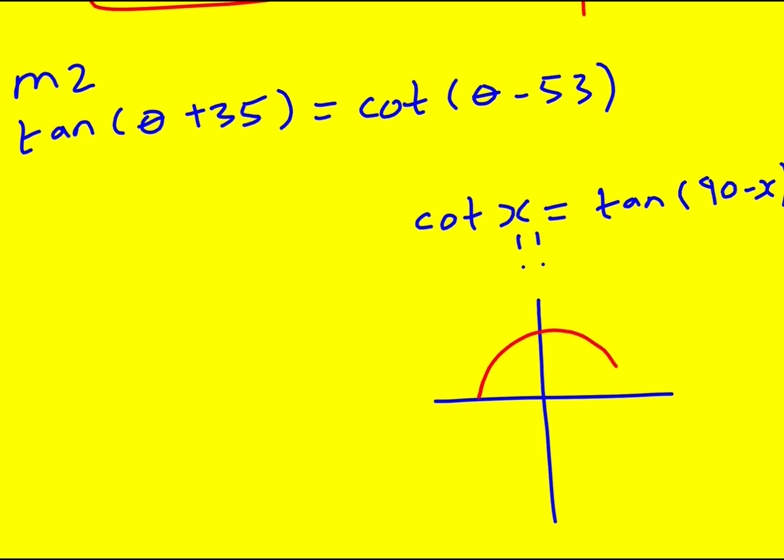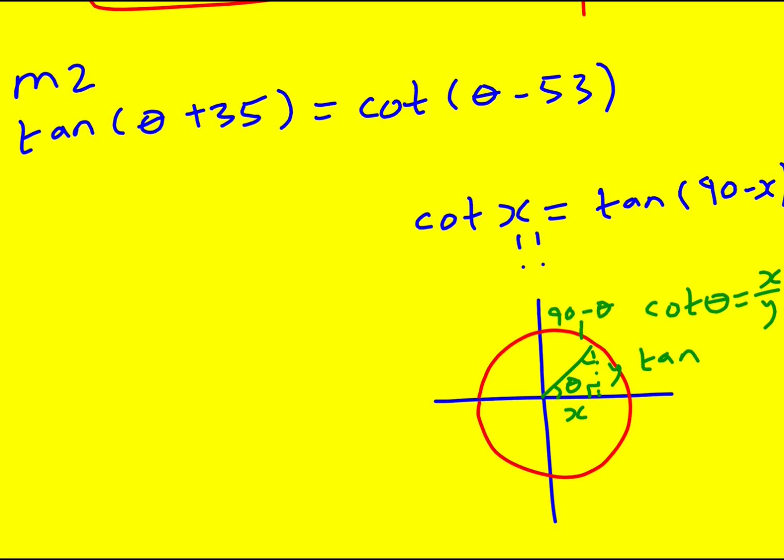If we draw the unit circle and then a triangle within it. Now we normally use x and y here, but I'm going to use theta, and I'm going to prove that cot theta is tan of 90 minus theta. So from this unit circle, I can see that cot theta is going to be the adjacent over the opposite, which is x over y. Meanwhile, this angle here, because that's 90, will be 90 minus theta.